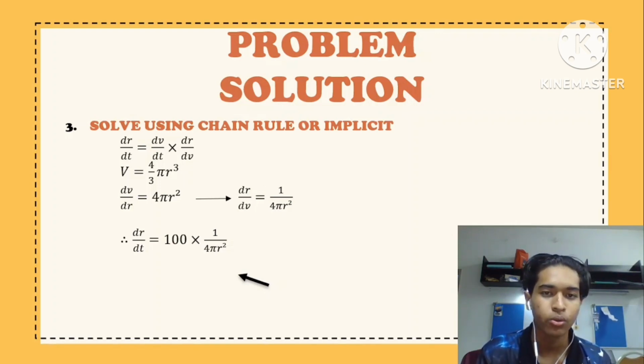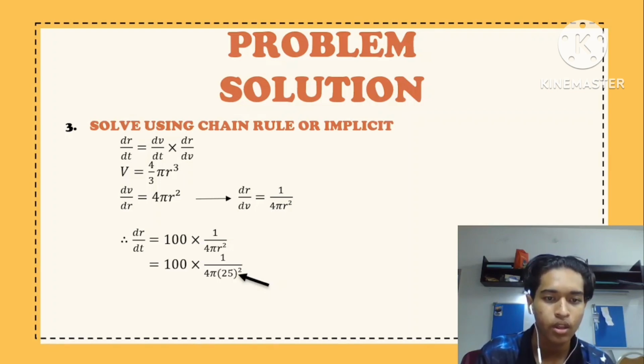Then we differentiate V with respect to r, which is 4 pi r squared, and then we need to flip its form from dV/dr to dr/dV, which is 1 over 4 pi r squared. Therefore, dr/dt is 100 times 1 over 4 pi r squared.